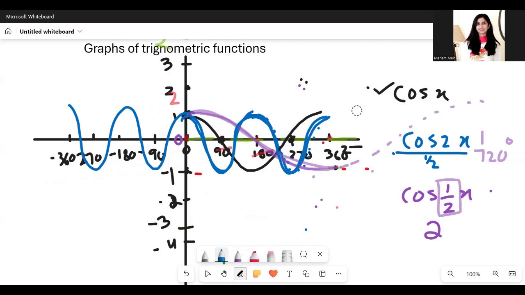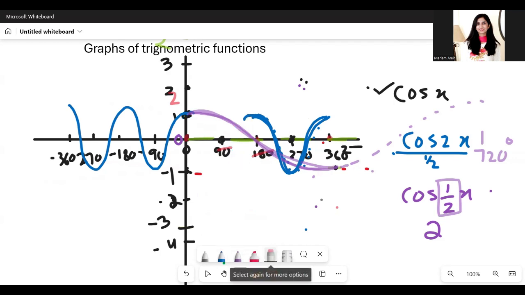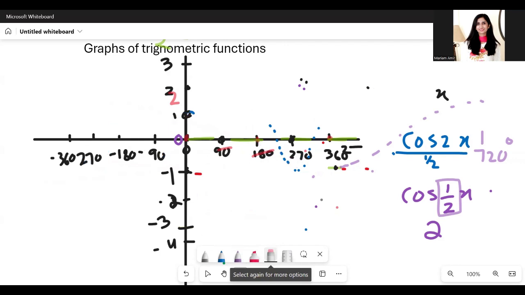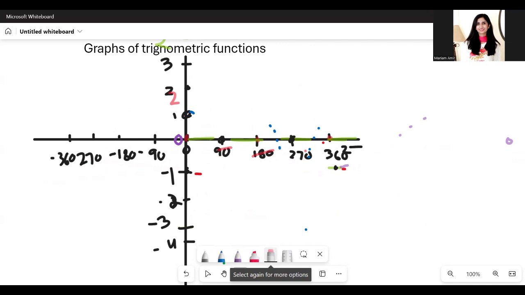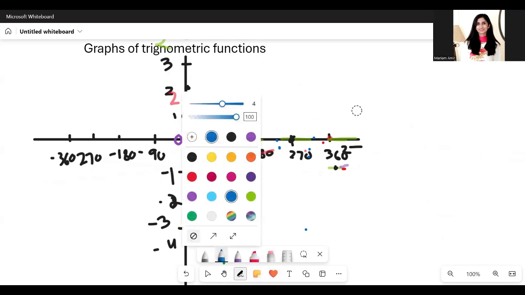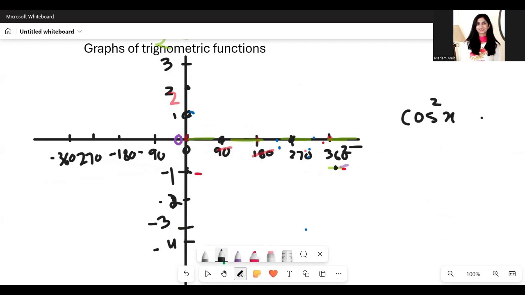Okay, now let's discuss the graph of cos square x. Okay, let me quickly draw cos x again. This is the graph of cos x.